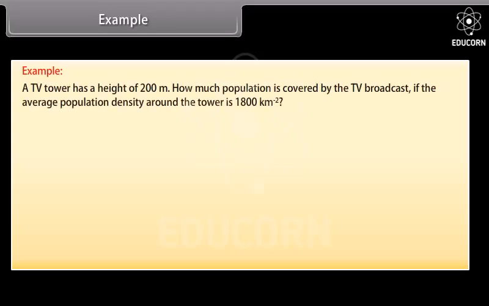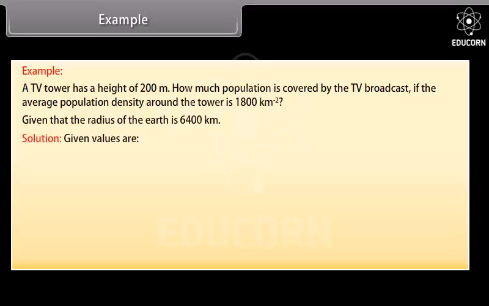Example: Let's take an example. A TV tower has a height of 200 meters. How much population is covered by the TV broadcast if the average population density around the tower is 1800 per km squared? Given that the radius of the Earth is 6400 kilometers.